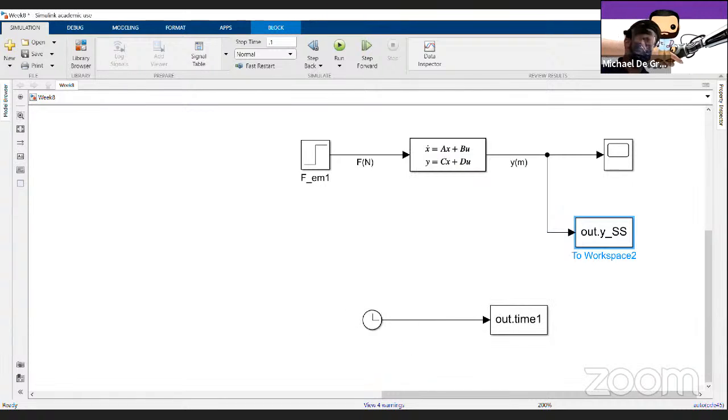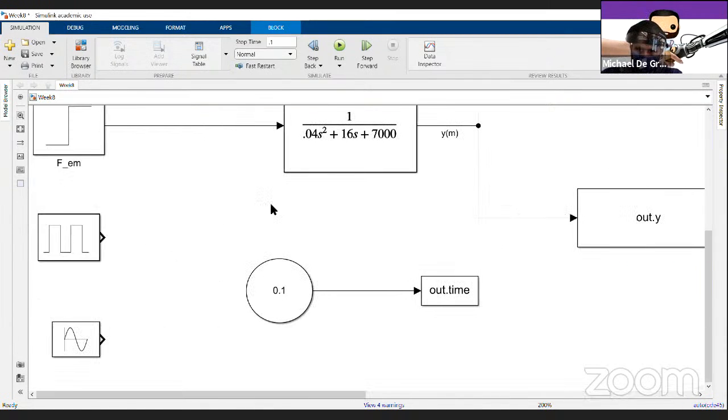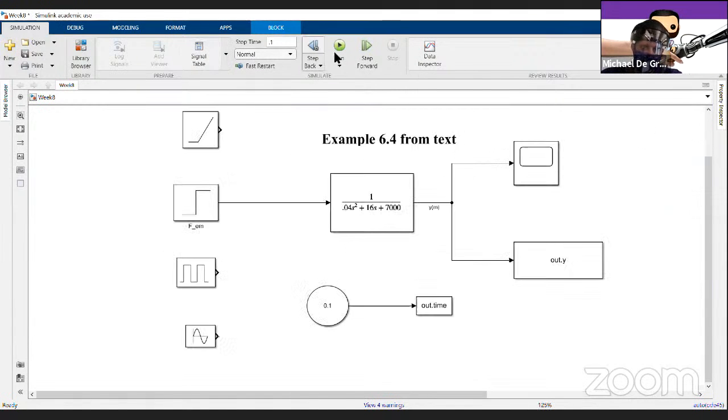I do the same thing for time, except that this is coming from a clock. And just to refresh our memories here, what happened when we ran it? What did our response look like? First step.